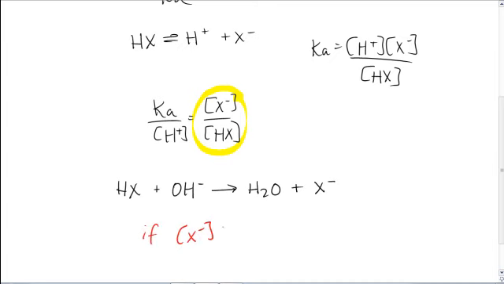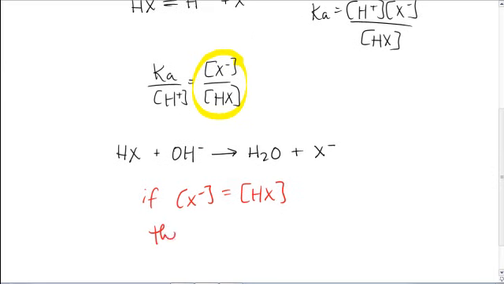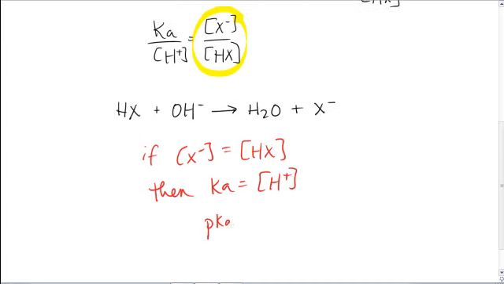Yeah, so if X- is equal to HX, then Ka is equal to H+, then the pKa is equal to the pH, and we'll be having some pH meters, so we can record pHs.